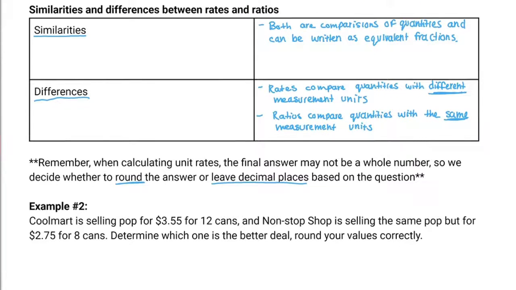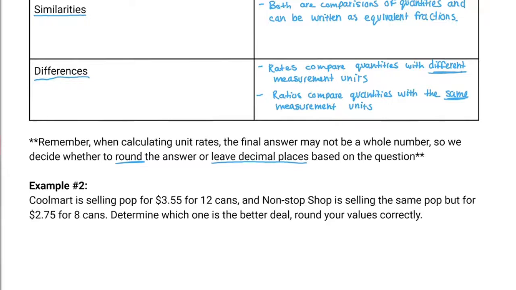So let's look at our second example. Coolmart is selling pop for $3.55 for 12 cans. And Nonstop Shop is selling the same pop but for $2.75 for 8 cans. So determine which one is the better deal and round your values correctly.